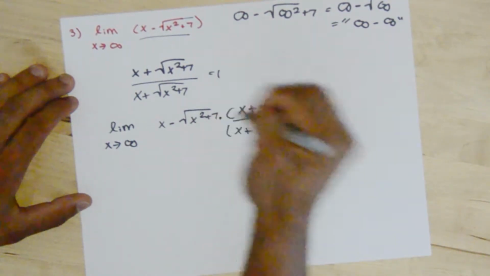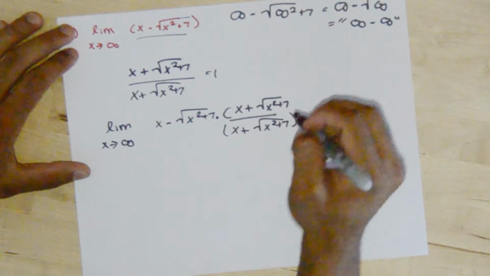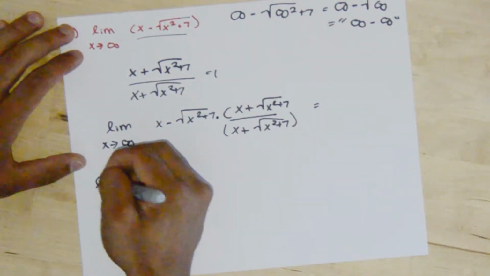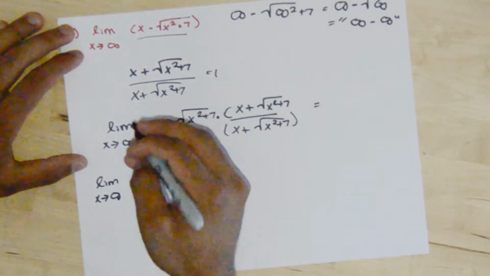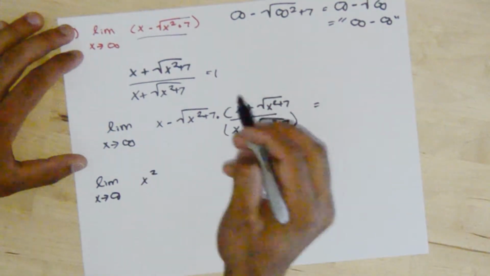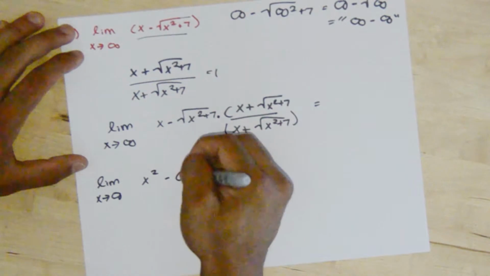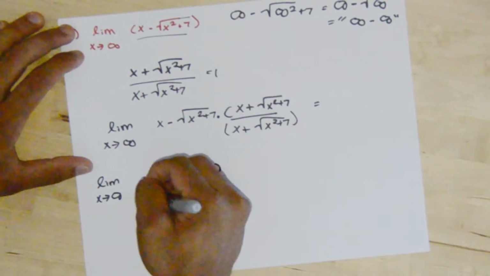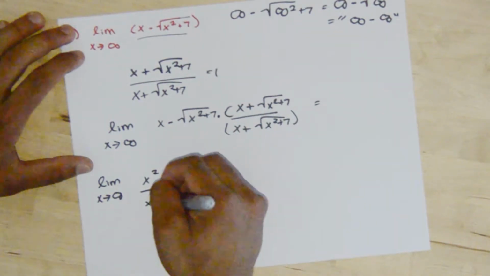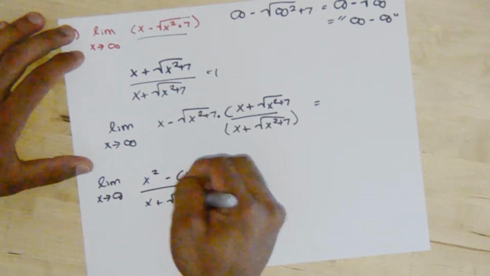Remember, this equals 1. This will be equal to the limit as x approaches infinity of x squared minus, the square root will go away, so it will be minus x squared plus 7. And let's just keep the bottom since we don't want to mess with that: x plus the square root of x squared plus 7.